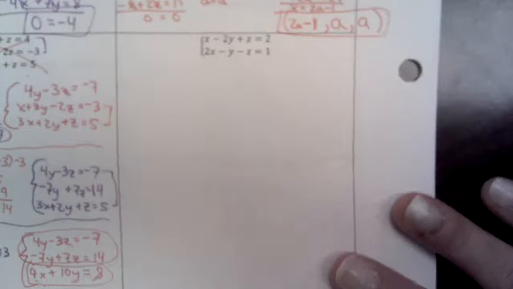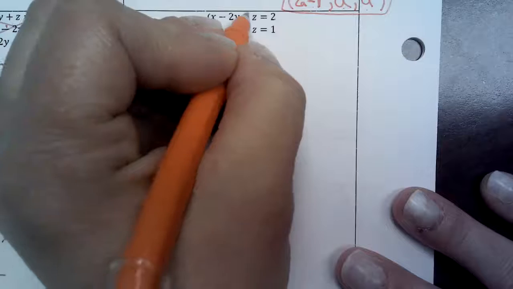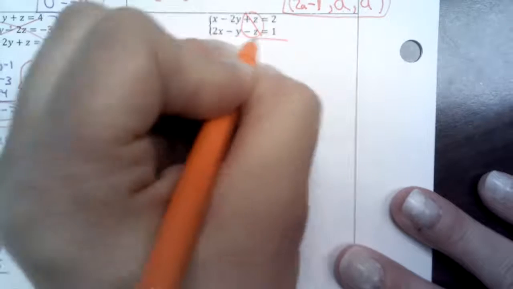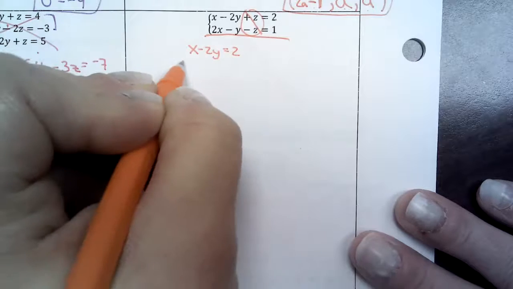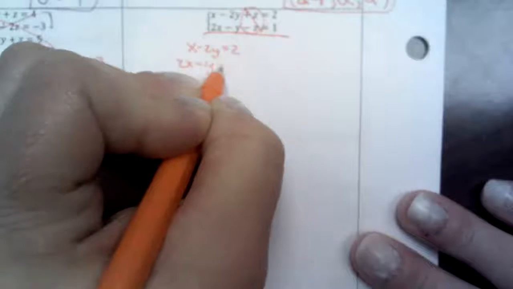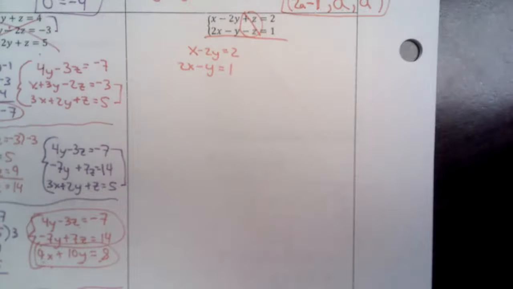All right, so let's go ahead and look at this one. So this one has 2 systems with 3 unknowns, but you'll notice if I combine those, then I wind up with x minus 2y equals 2 and 2x minus y equals 1. Okay, so I wind up with those 2 different equations. All I did really was add them together and cancel out.